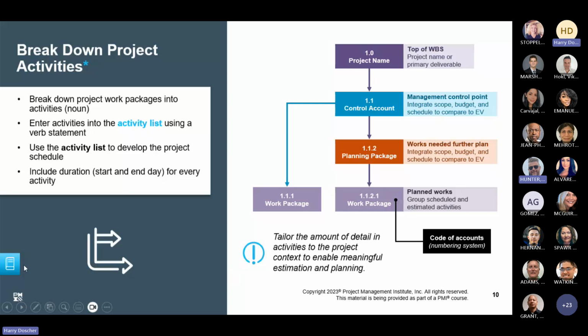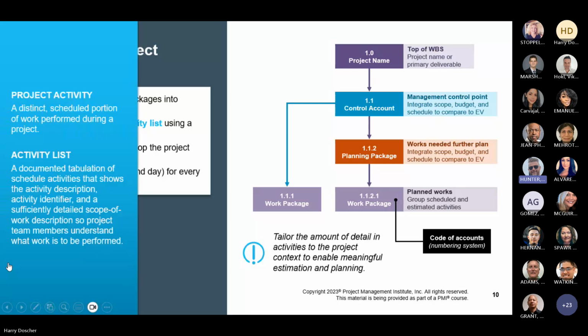We have a definition of an activity list here. The activity list is just a list of all the activities that are required to produce the value from this project. So it's something that you can check off when things have been accomplished.